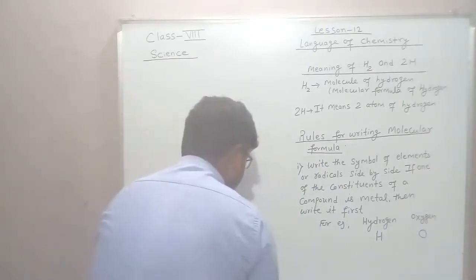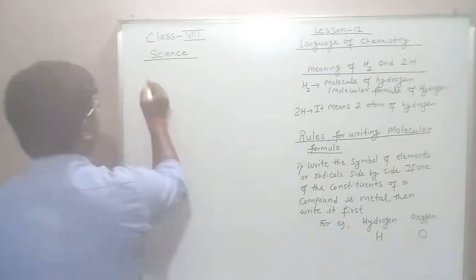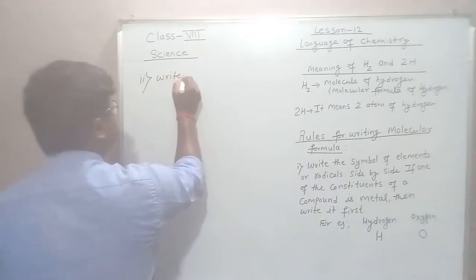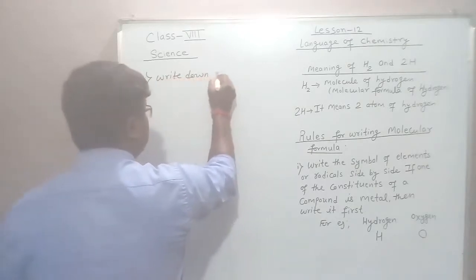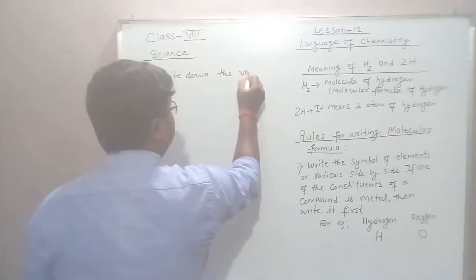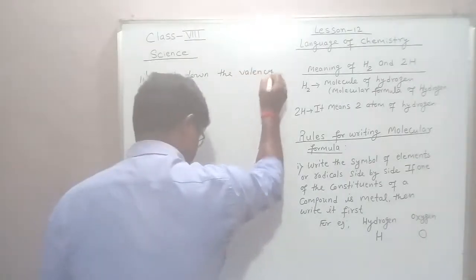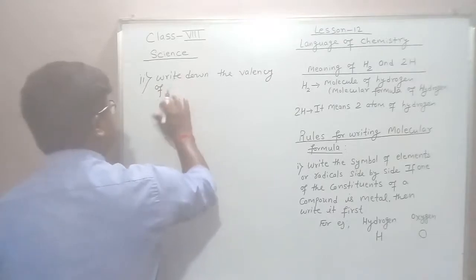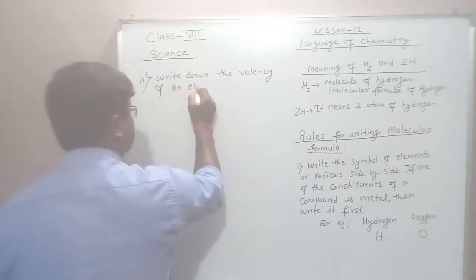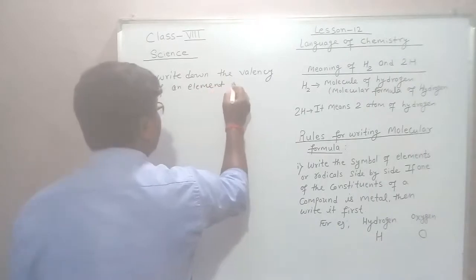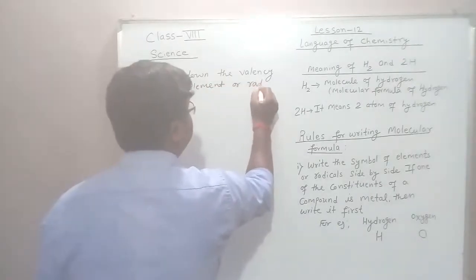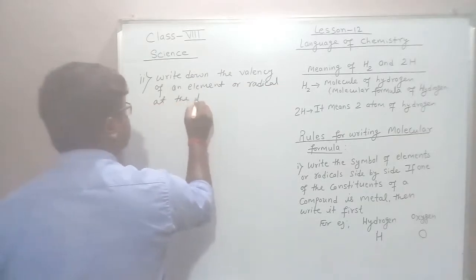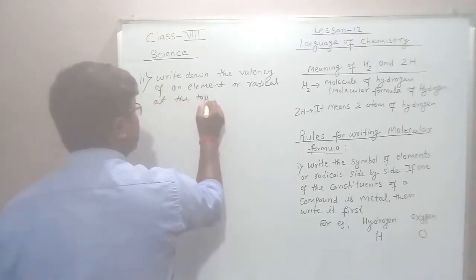Our second step is to write down the valency of an element or radical at the top.